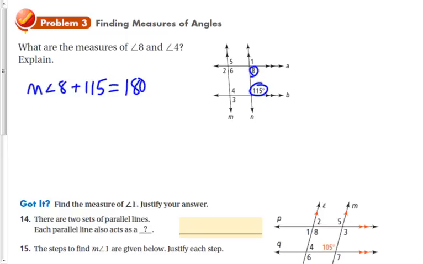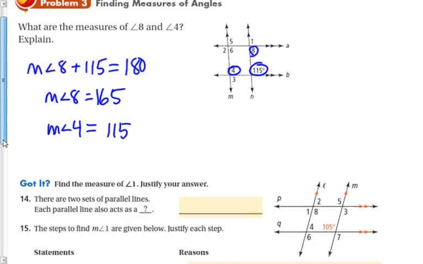Then the measure of angle 8 is equal to 180 minus 115, which is 165. And the measure of angle 4 is equal to 115, because angle 4 and the 115 angle are corresponding angles, so that's the corresponding angles postulate. All right, you try that.